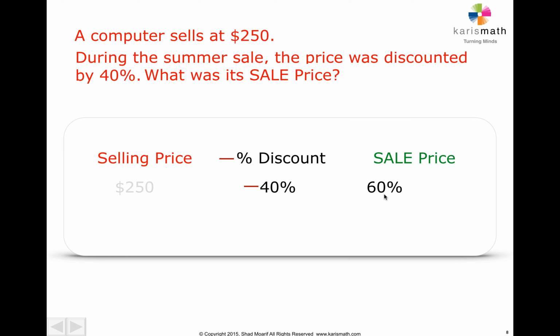So 60% of the selling price must be the sale price. And that's easy to work out. 0.6 times 250, which is $150. That's your answer. So the sale price is $150 if you give a discount of 40%.